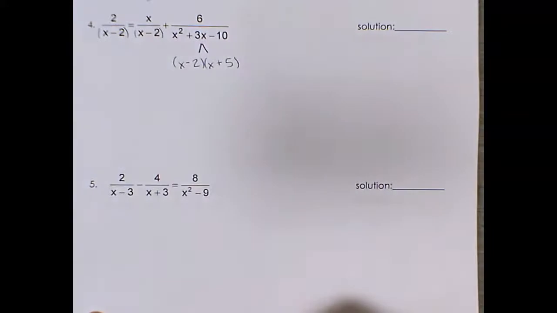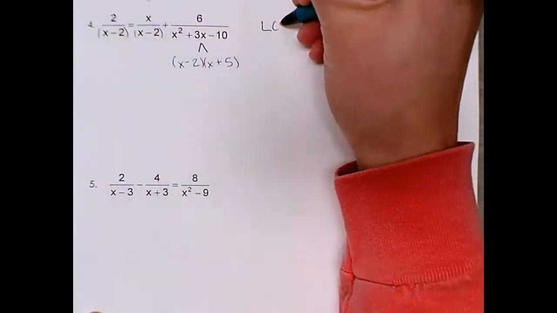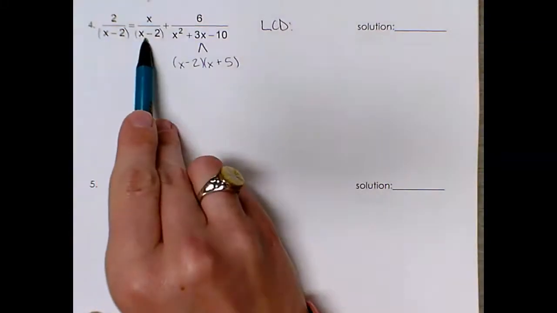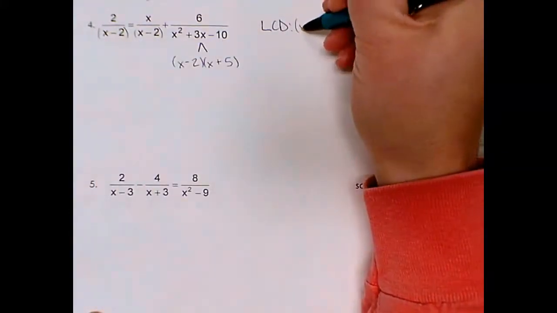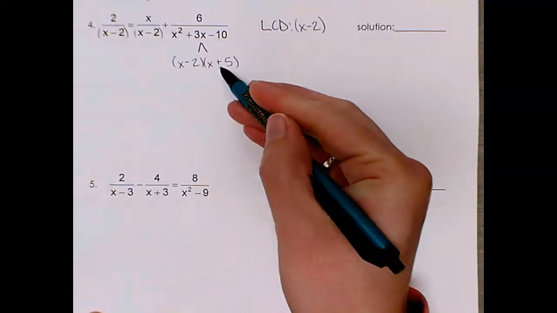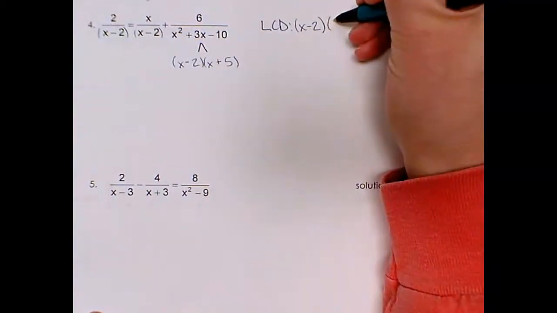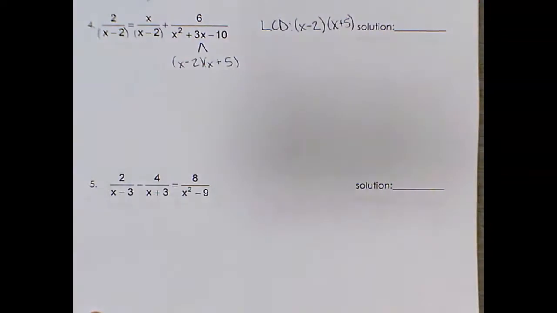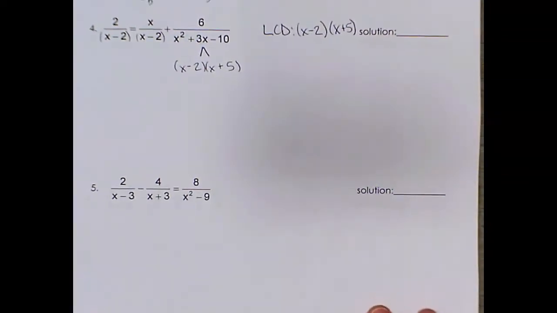There we go. So my least common denominator, all three rational expressions have x minus 2. But this one is not common, so an x plus 5 needs to be in there as well. I'm going to multiply all three terms by the least common denominator of x minus 2 times x plus 5.